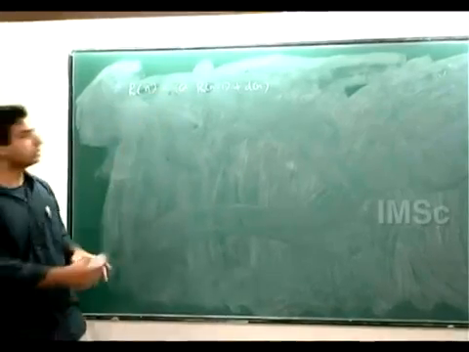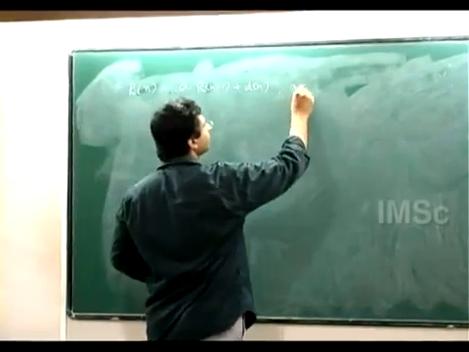Let's say a is some positive constant. So do you know any recurrence of this structure?